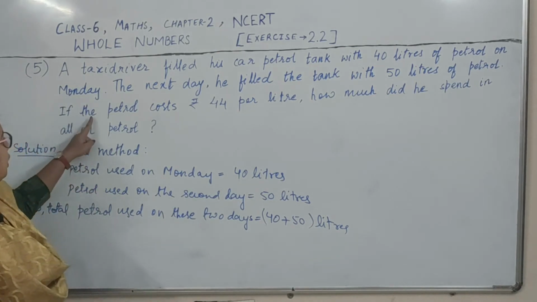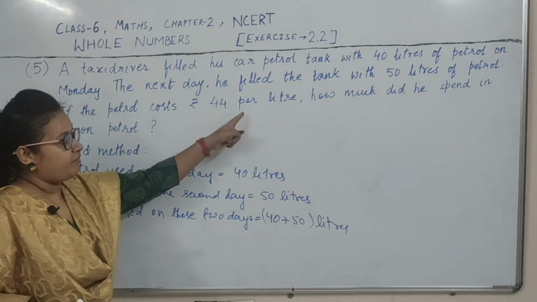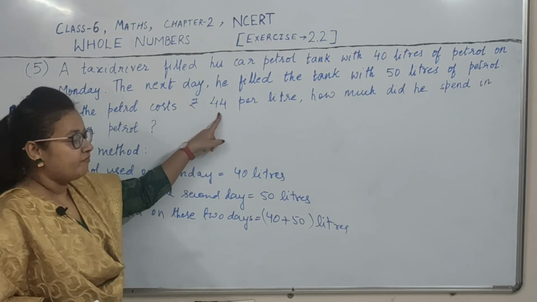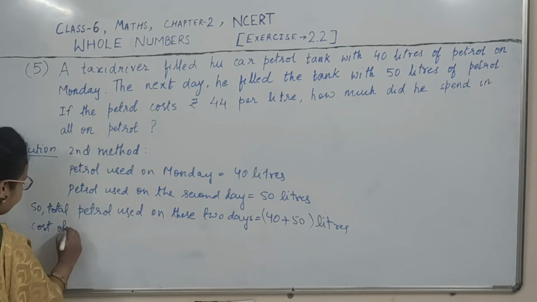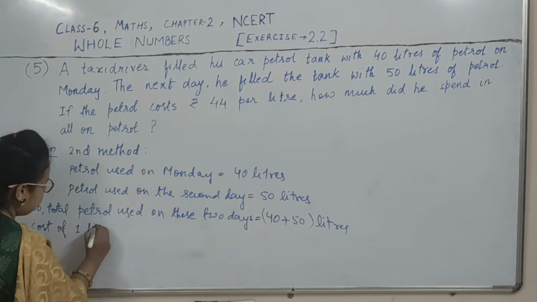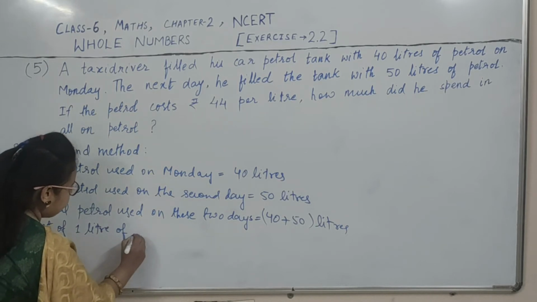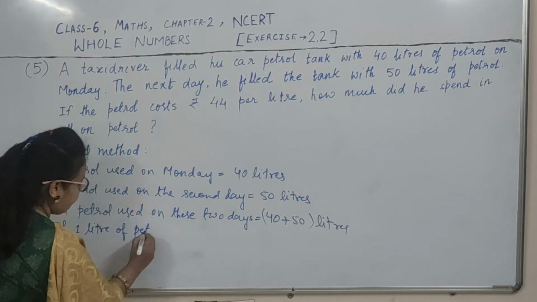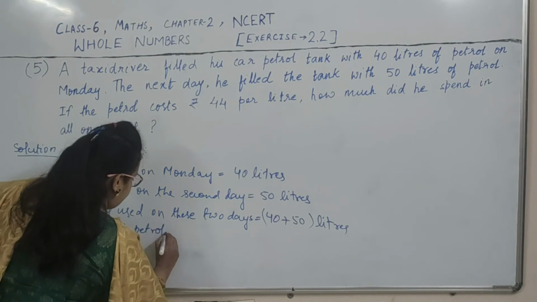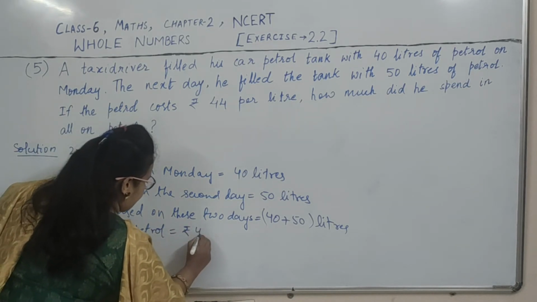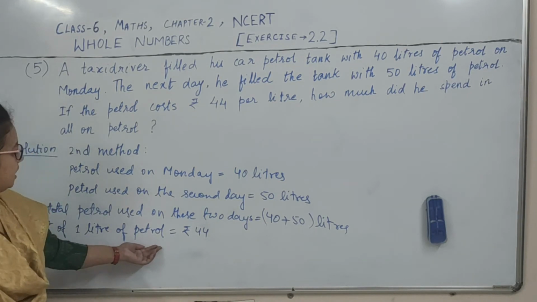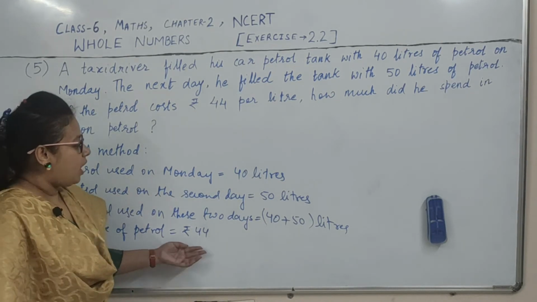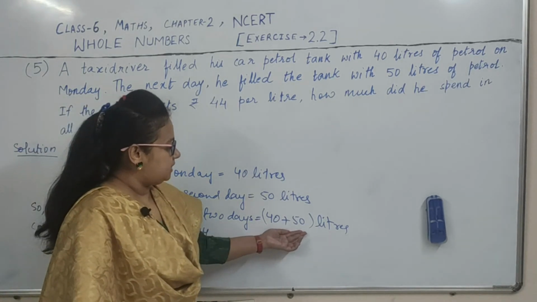Okay, and if the petrol costs rupees 44 per liter, it means the cost of 1 liter of petrol is rupees 44. So how much money will be spent on this petrol?